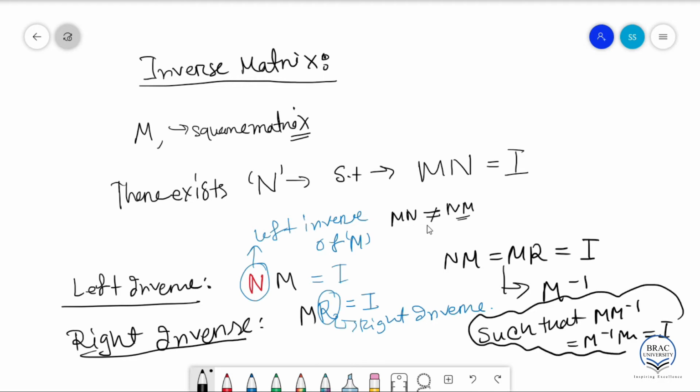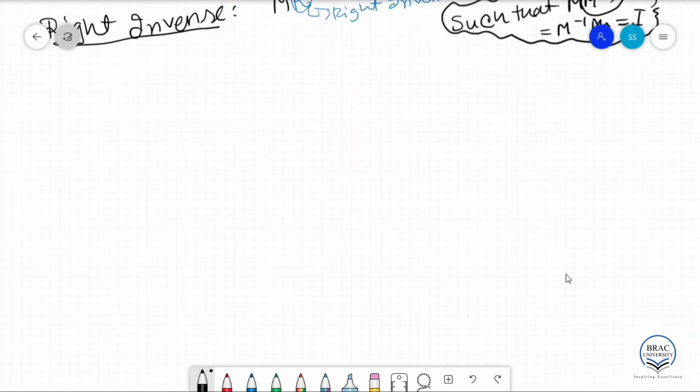This is our inverse matrix, and this is the case that we will be interested in today's discussion.